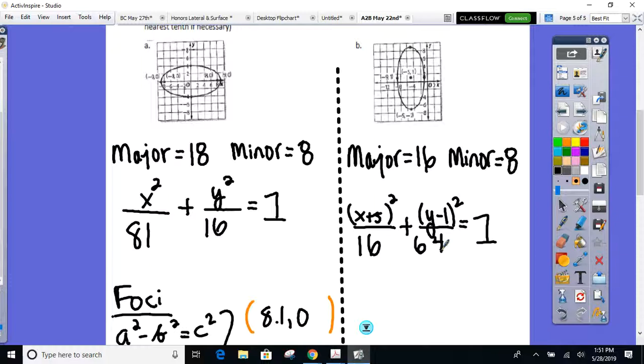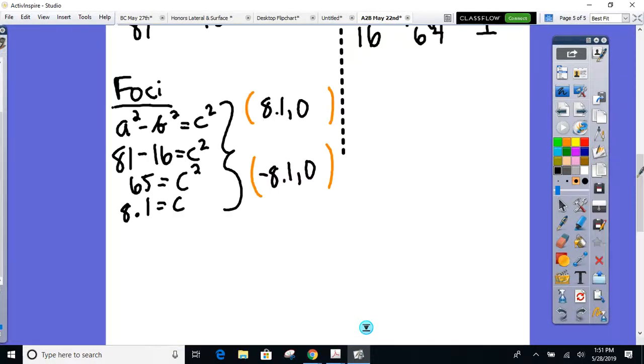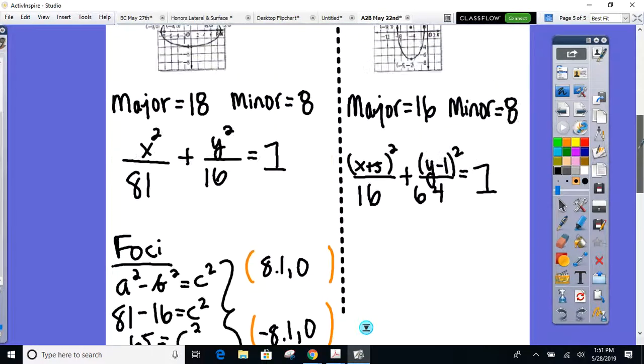And then the foci. 64 minus 16 equals c squared.